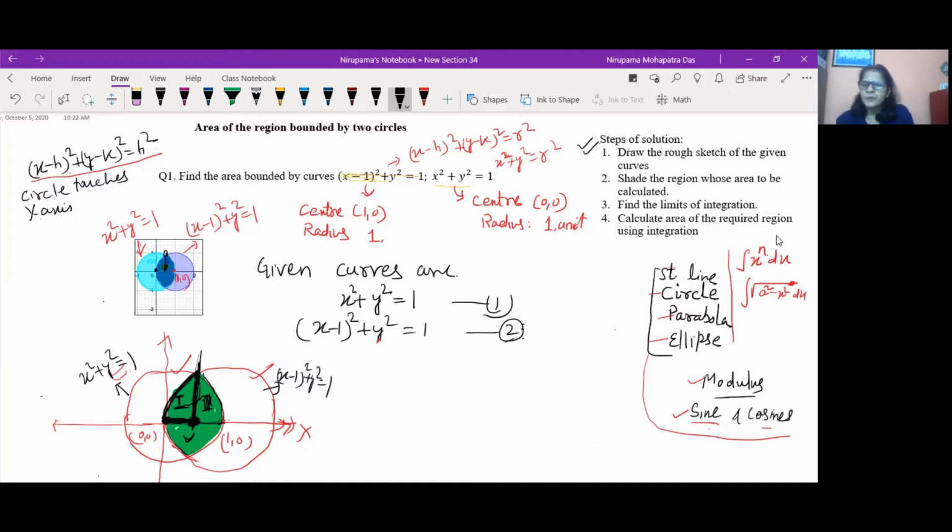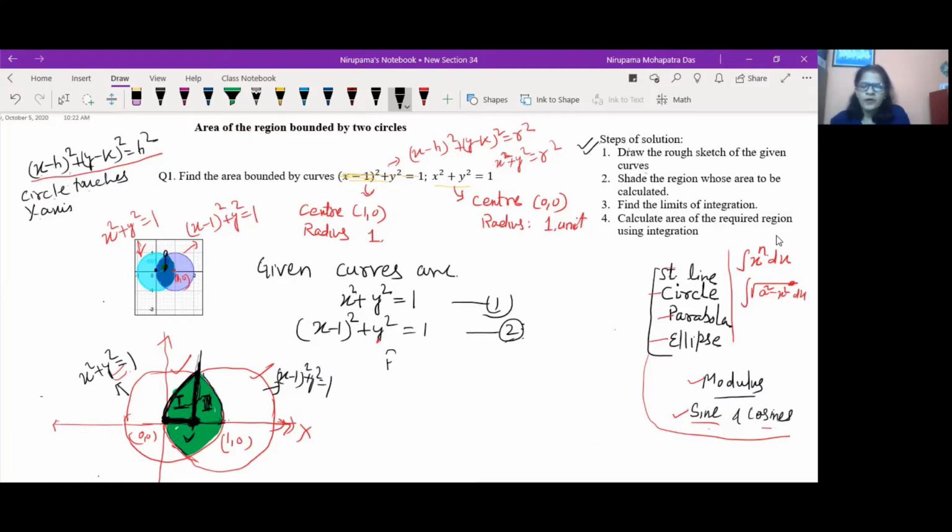So the third step is to find the limits of integration. To get the limits of integration, it means from which point to which point, what is the interval in which we have to integrate? In terms of the graph, it is basically the point of intersection. Let's solve equations 1 and 2.